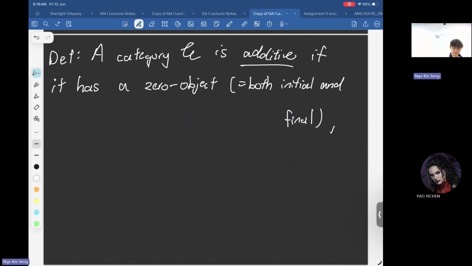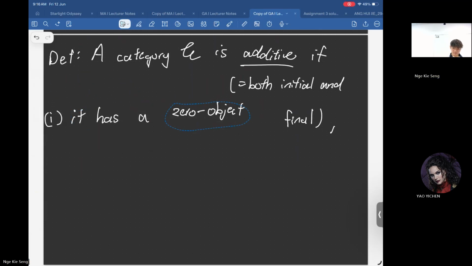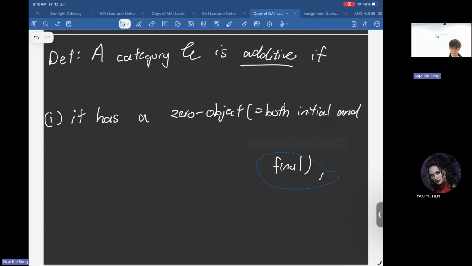First property is it has a zero object, which is both initial and final.